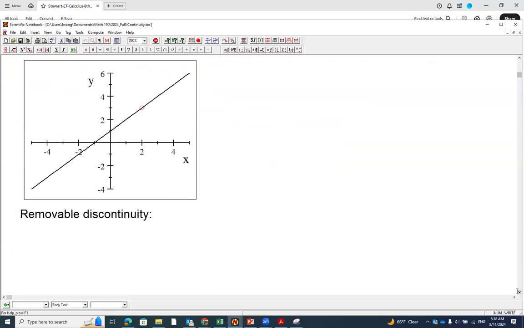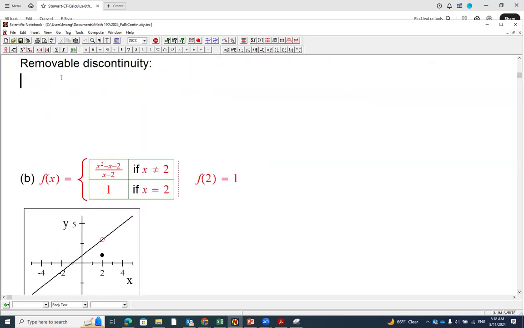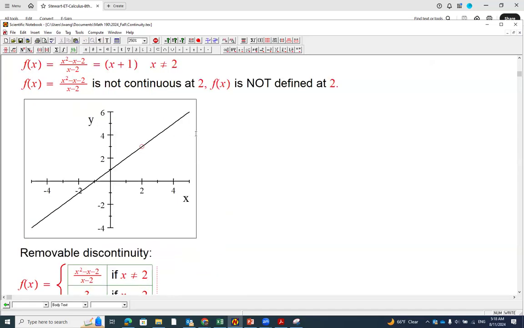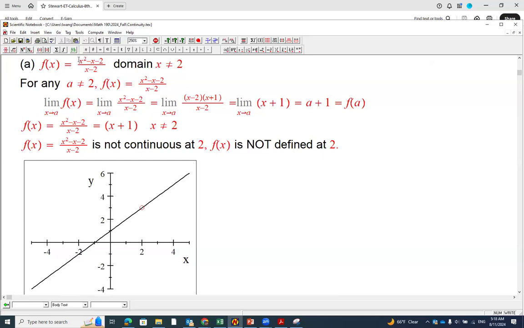We know the only problem is the definition. So instead of defining the value at 2 to be 1, we define it as 3. Now the function in A is continuous.